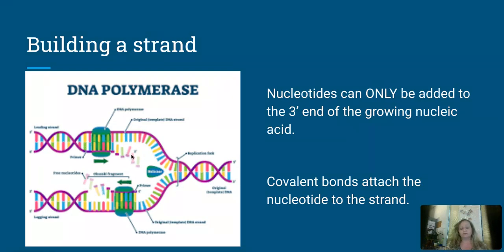Moving in one direction, these can all attach because we're moving in that 5 prime to 3 prime direction. So these are attaching to the 3 prime, and they can do it in a straight line. When we talk about the other side, however, we actually have to build them a little bit at a time, in little segments. The nucleotides are going to bond together using covalent bonds where those electrons get shared. This is what's going to allow us to make the strand.